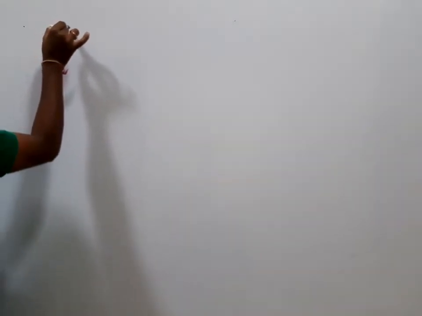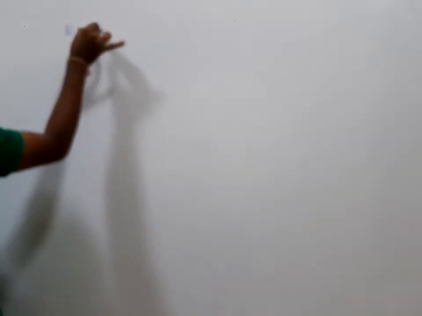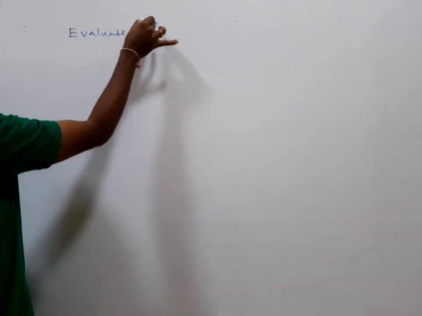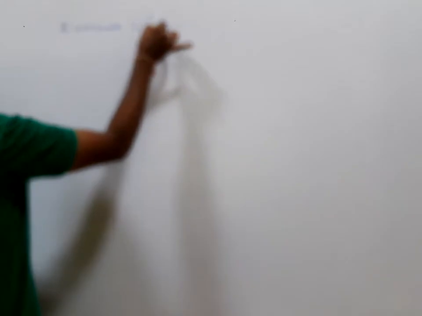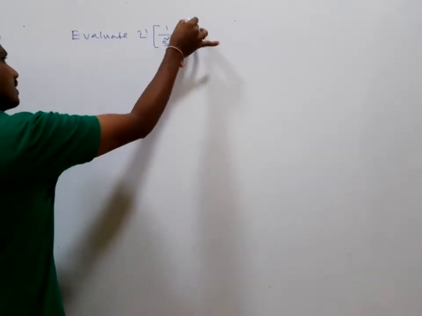Next, find the inverse Laplace transform of 1 divided by s square into s plus 1 whole square. That means evaluate L inverse of 1 divided by s square into s plus 1 whole square.